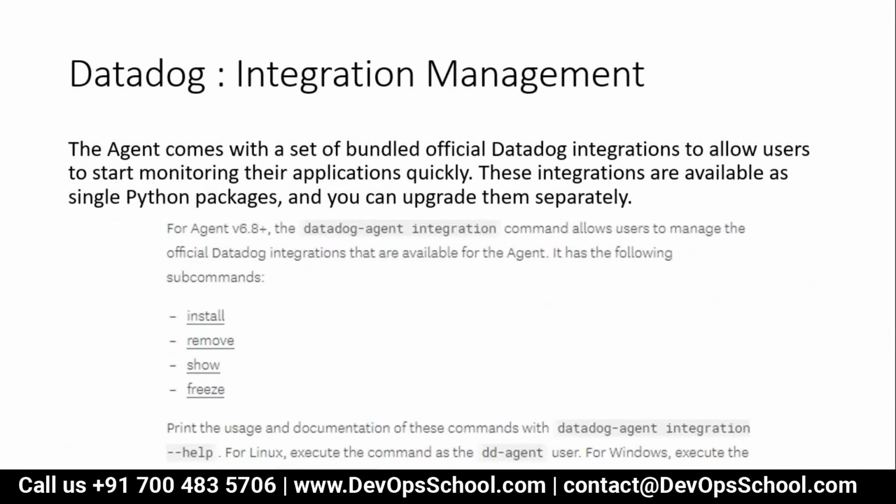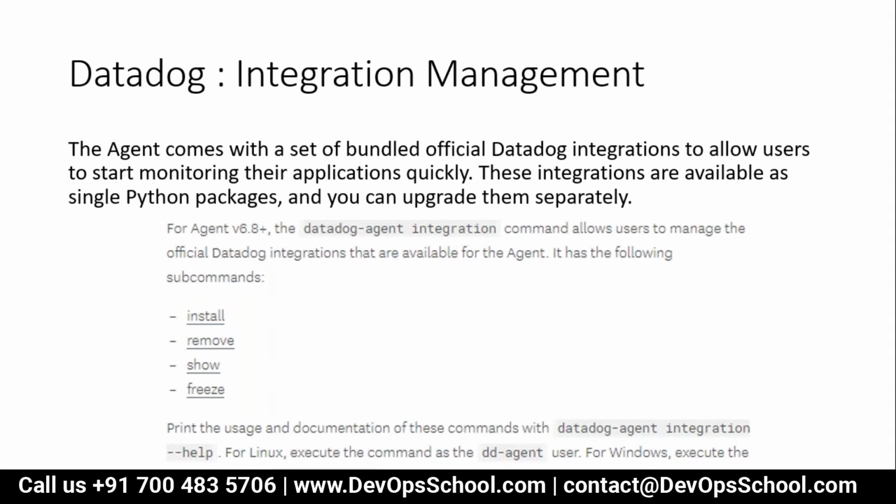So now the question is, how can you install or manage the integrations? Basically, the agent comes with a set of bundled official Datadog integrations to allow users to start monitoring their applications quickly, which I showed you on the command line. These integrations are available as a single Python package, and you can upgrade them separately also.